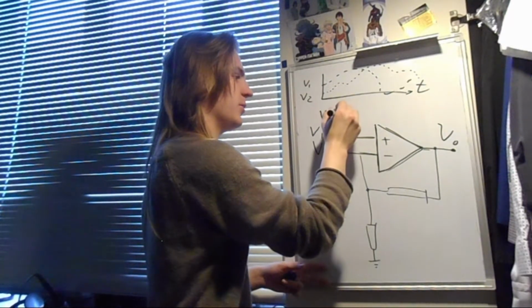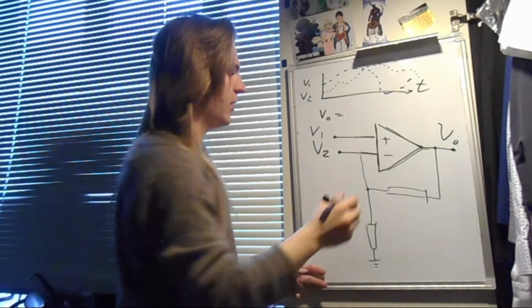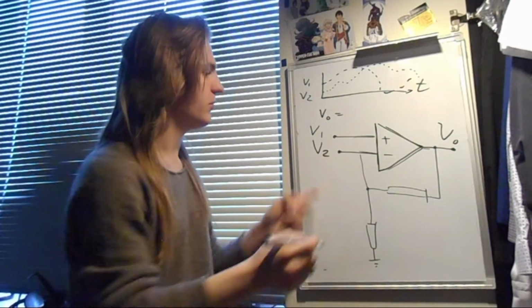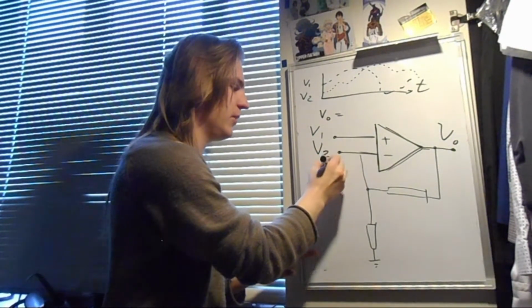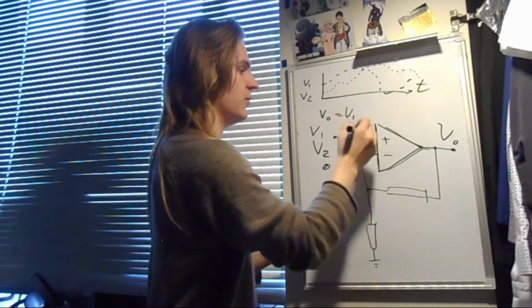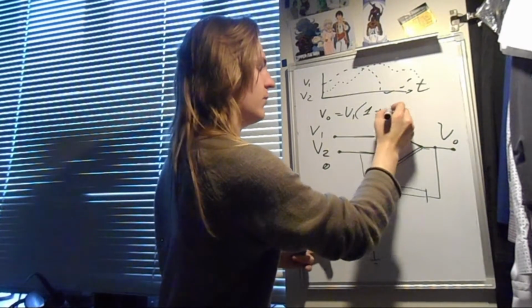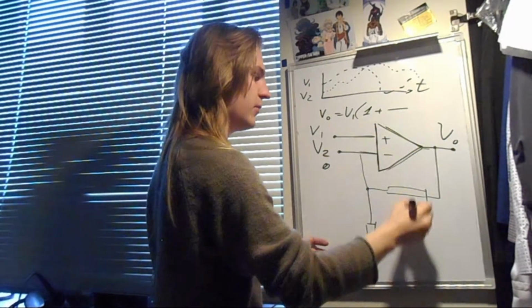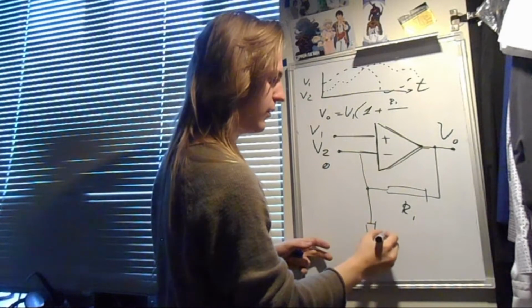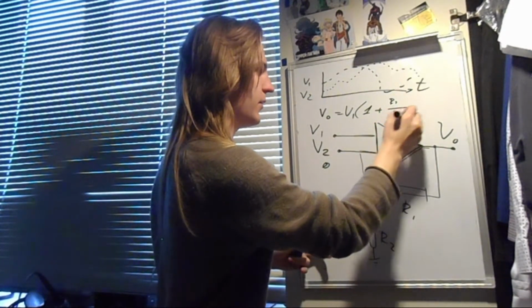Voltage output equals, if V2 would be 0, let's imagine it's 0 for now, then we'd get voltage 1 multiplied by 1 plus the bracket R1 over R2.